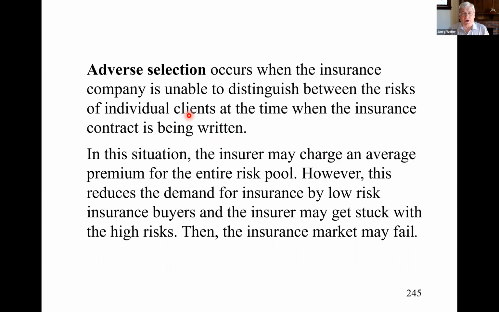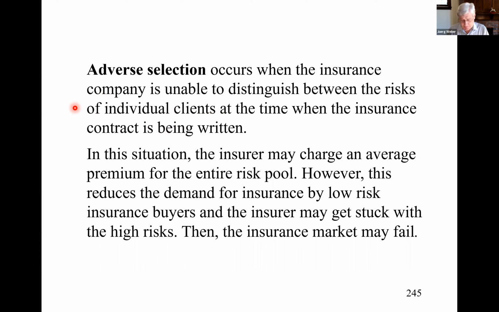So let's first turn to adverse selection. It occurs when the insurance company is unable to distinguish between the risks of individual clients at the time when the contract is being written. So the insurance company cannot distinguish between the risky and the less risky clients. That's particularly important in health insurance.